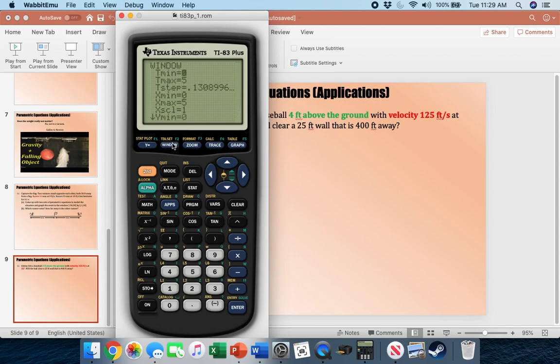Now, what should my window be? How many seconds do you think it takes? Well, what was that time that we got? We got a time to reach the wall at about 4 seconds, so 5 seconds is fine. Maybe 6 seconds, maybe I'll give it one more. Small t-step is good.